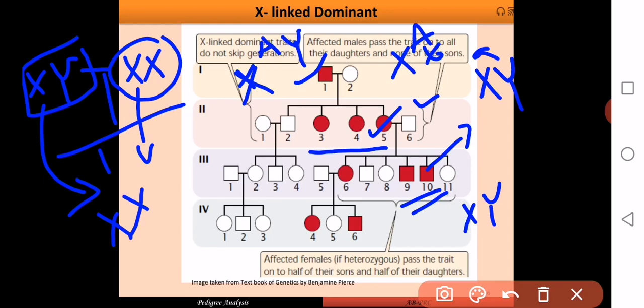If the mother is affected, which means there is at least one X capital A, it is possible to transmit the X capital A to the son. So this is the situation of transmission in the case of an X-linked dominant trait.